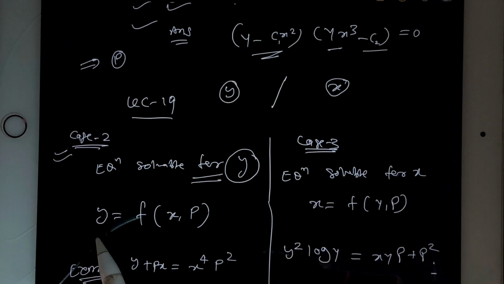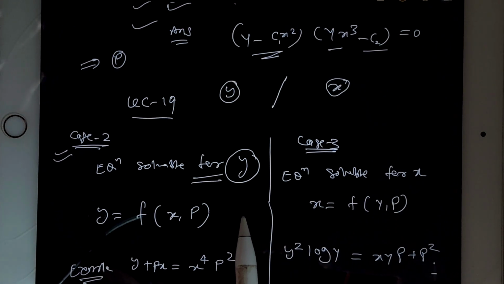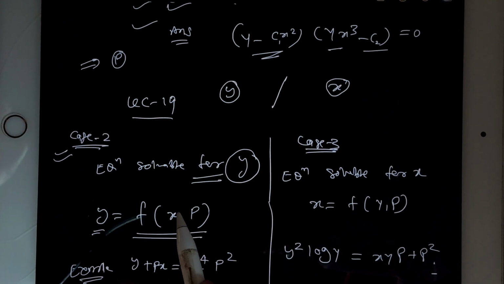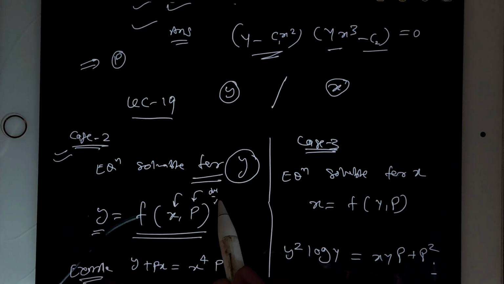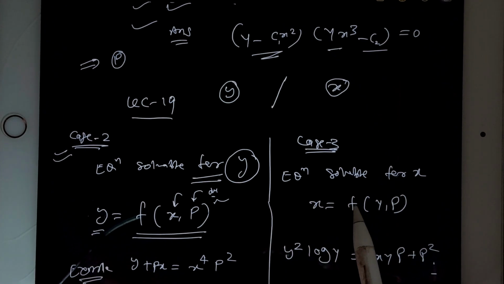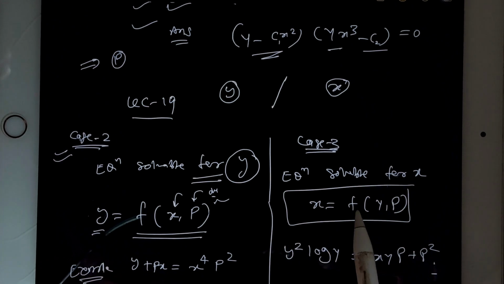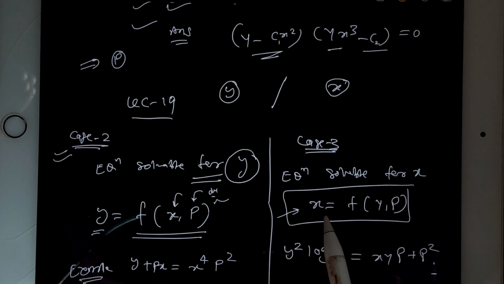Then in this format, whatever question is given, you will be able to convert it such that it looks like y is equal to a certain expression, where the x term will also come, it can be a function of x, and p will also come, p means dy by dx. Or case 3, the equation will be given such that you will be able to make x one side and everything else the other side, like here.